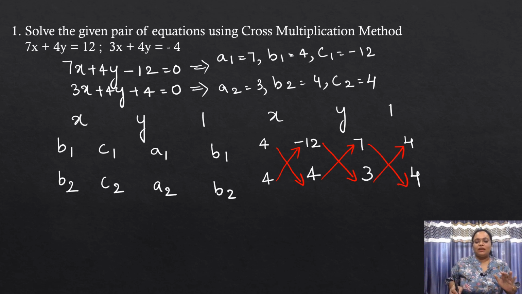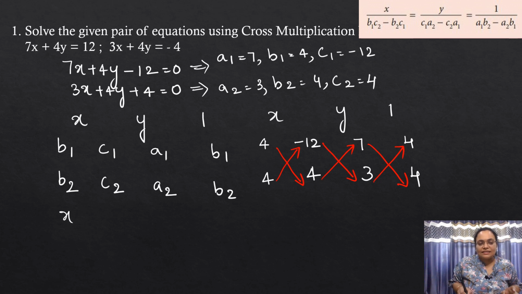Clear till now? So how do you take x divided by 4 multiplied with 4 is 16, minus 4 into minus 12, which is minus 48.